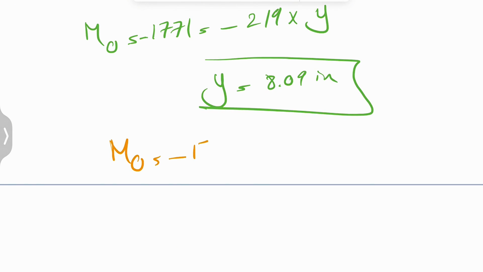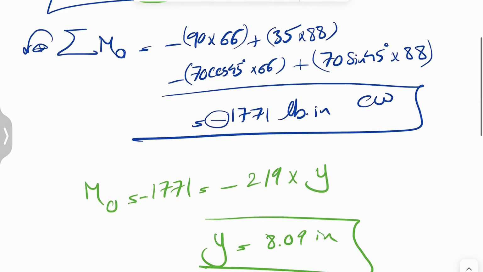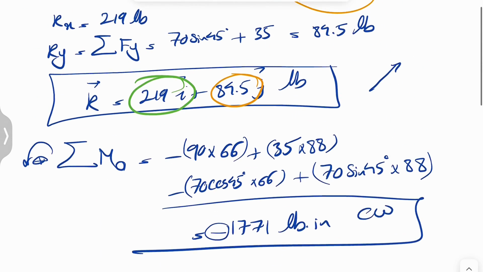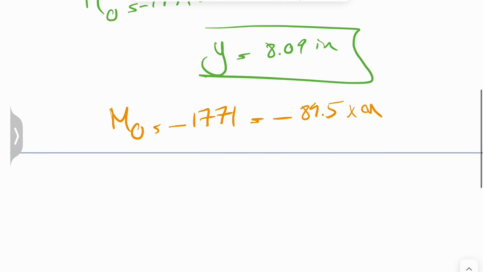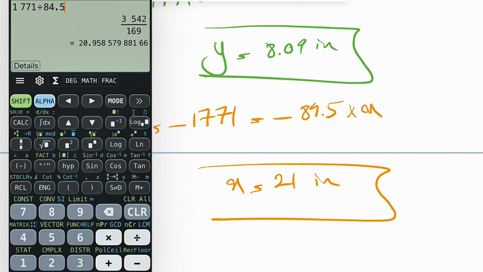So we need the same moment, 1771 negative. This time Ry is 84.5, and we can find the distance x. Let's see what we get. 1771 divided by 84.5. So the x is going to be 21 inches.